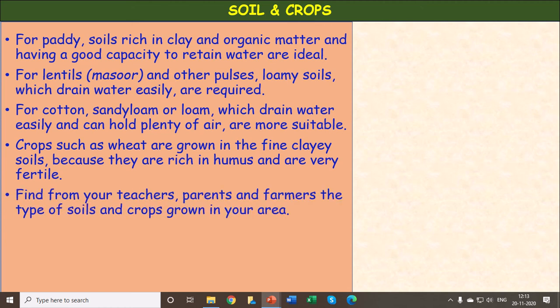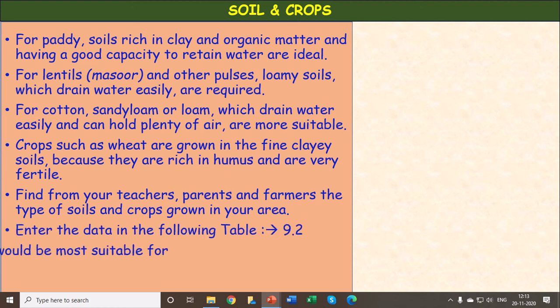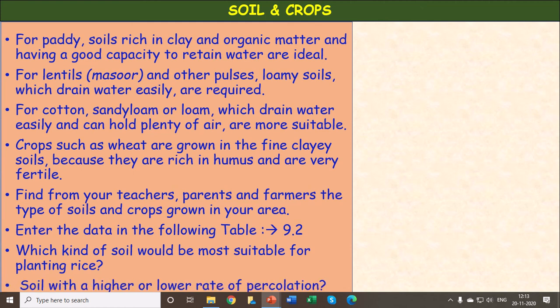So find out from your teachers, parents and the farmers the type of soils and the crops grown in your area, and enter the data in the form of a table. Which kind of soil would be most suitable for planting rice?